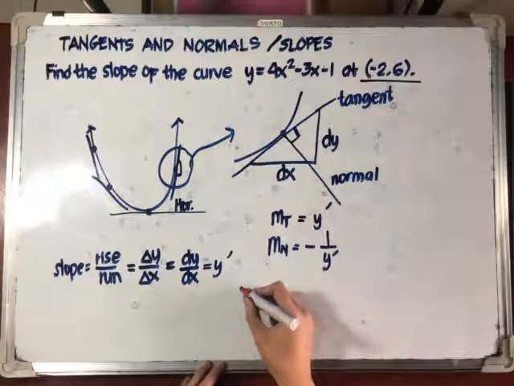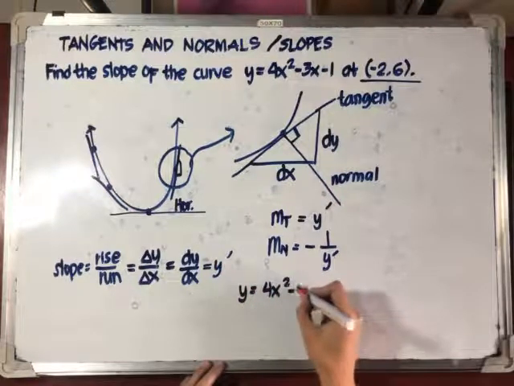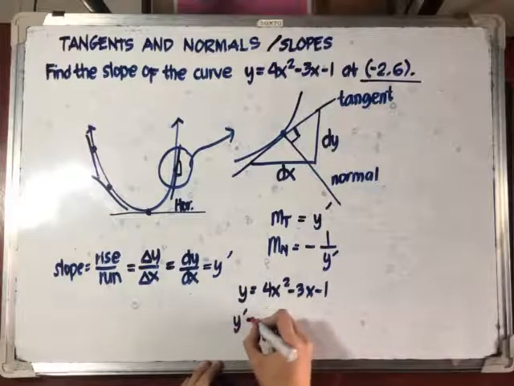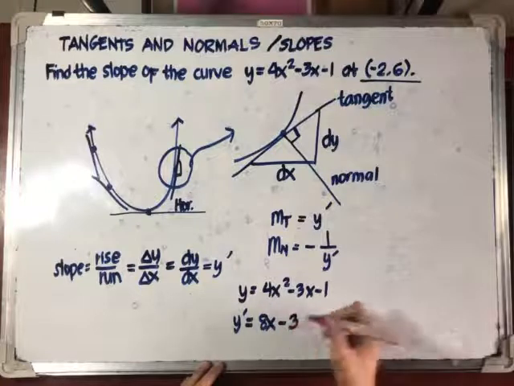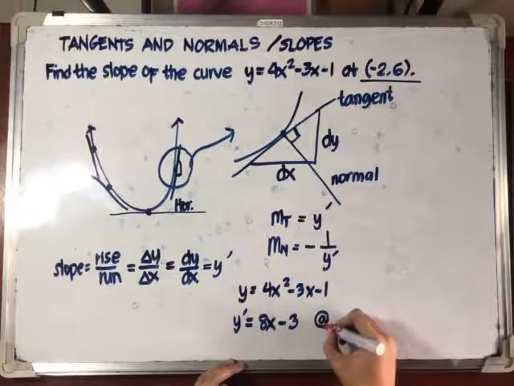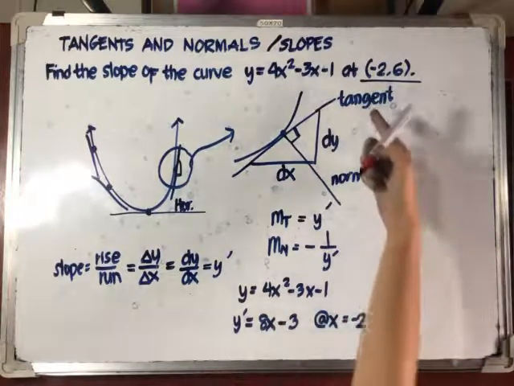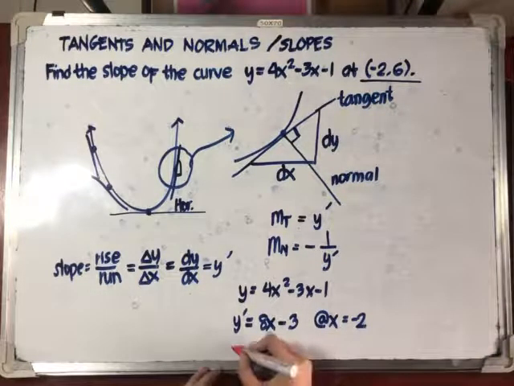what you need to get there is your y prime directly. So, if your y is 4x squared minus 3x minus 1, then your y prime would be 8x minus 3. Right? To get the actual value, we need to evaluate this at x equal to negative 2, because (-2, 6) is the point given to us.